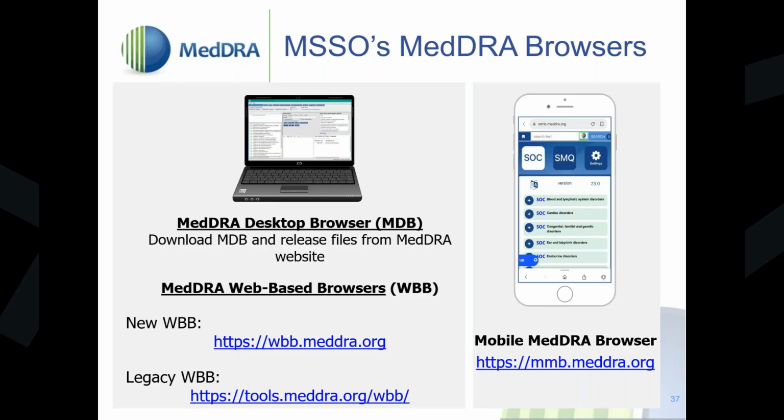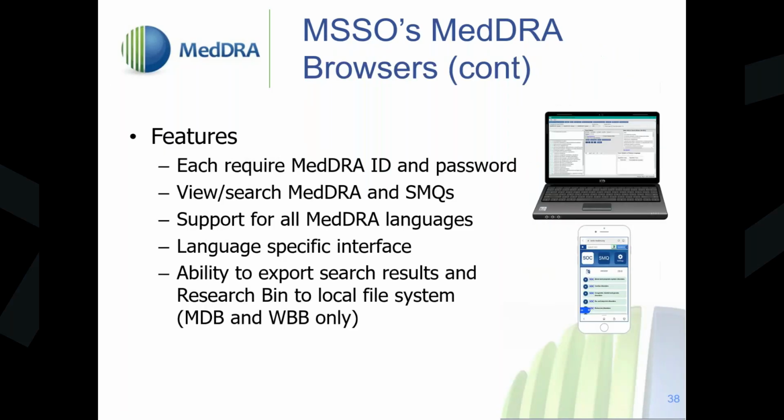But to summarize what the browsers do, all of the browsers require a MedDRA ID and password to operate. And of course, if you're an organization, all of your employees who have access to your subscription will be able to access these browsers. They will enable you to view MedDRA terms, whether it's in the system organ class view or the standardized MedDRA query view, and conduct searches.